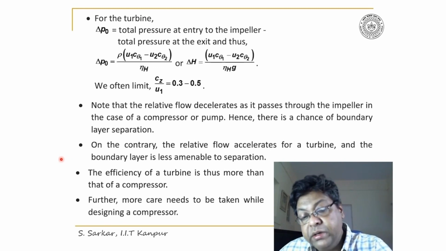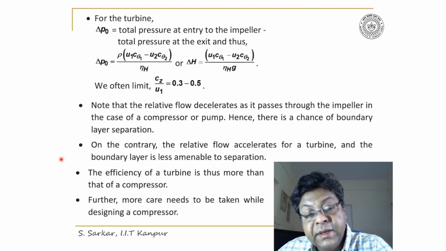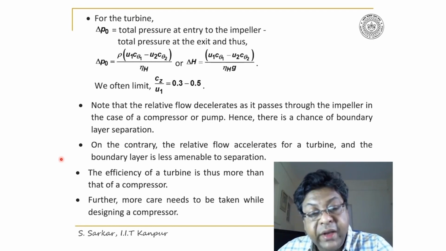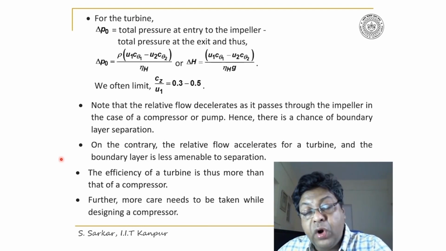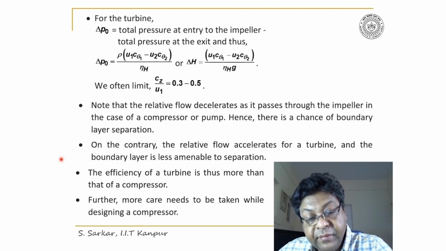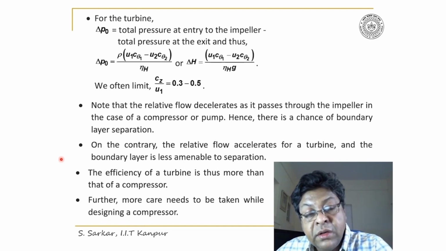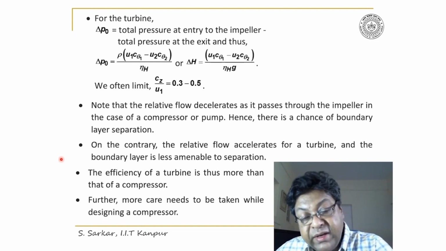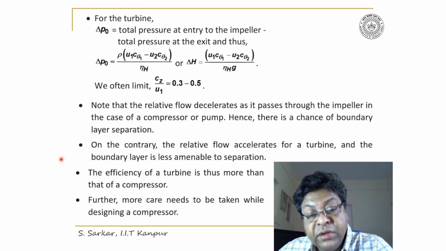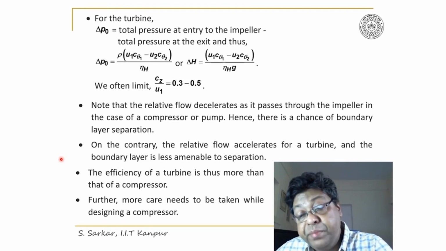Thus, the boundary layer growing against favorable pressure gradients is less amenable to separation. That's why the efficiency of a turbine is often more than that of compressors. Considering the fact, more care needs to be taken to design a compressor.